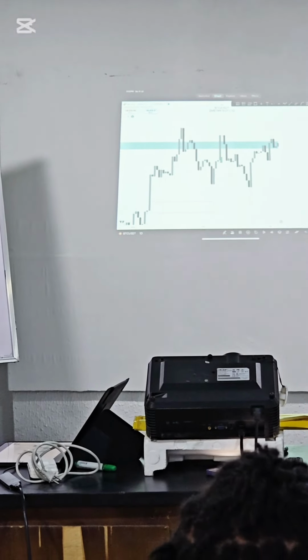Then if we go to our candlestick body, what can we see again? We have seen the market is coming down, which is structure. Which other thing can we see again? Let me zoom into it.